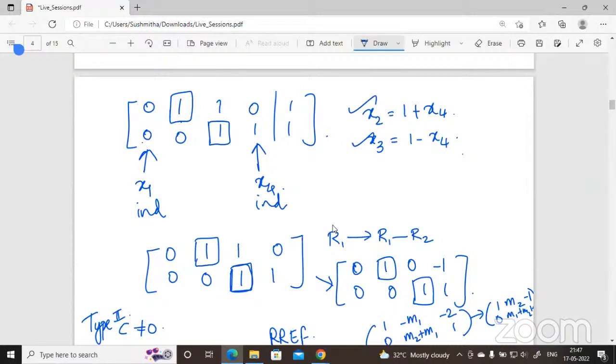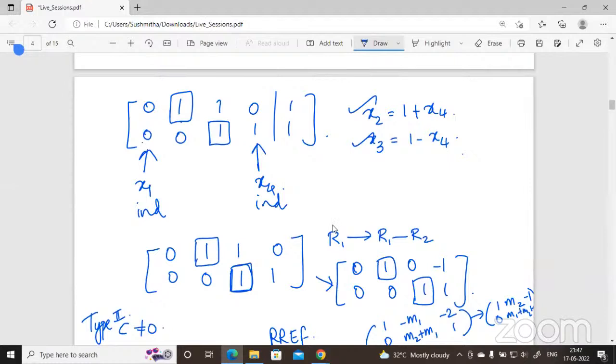If you make it reduced row echelon form, you will get x4 equals x2 and x4 equals 1 minus x3. If you omit x4, you will get a relation between x2 and x3: x2 equals 1 minus x3. So I assumed x2 is dependent on x3, so only one independent variable. Why can't we understand it like that?